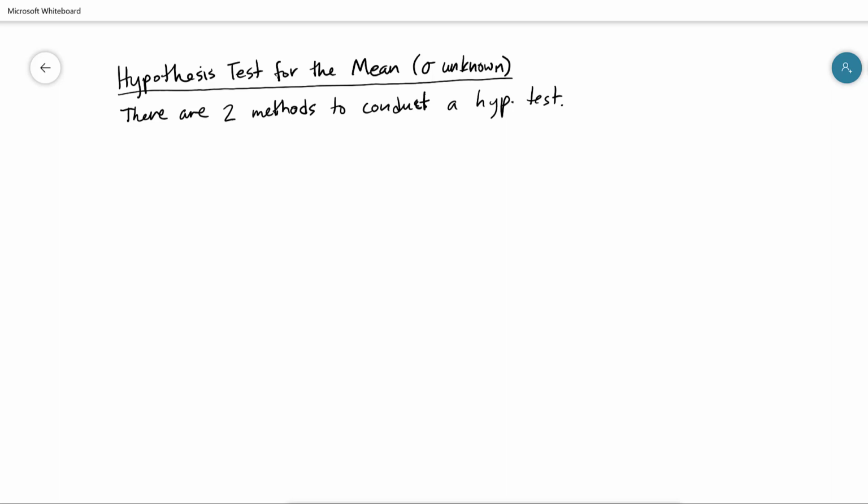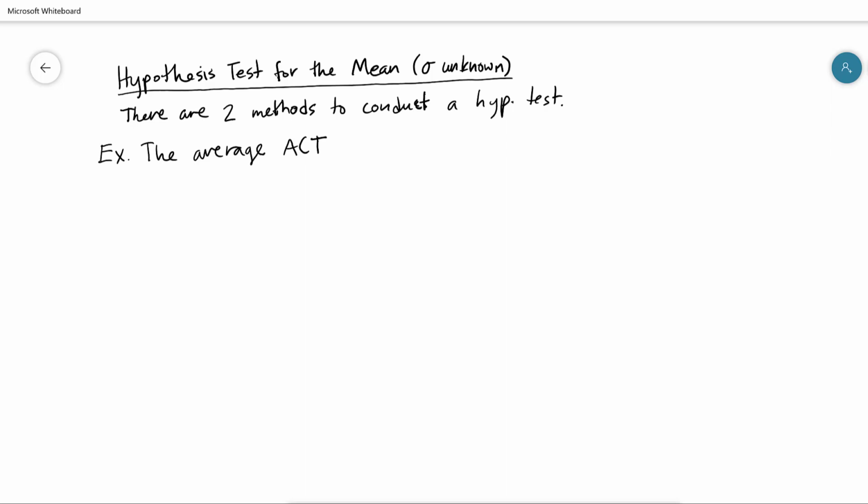Okay, so I'm going to give us a setup, and we're just going to go through this using an example. So here's the example that we're going to look at today. Talking about exam scores. In this case, the ACT, which is like a college entrance type exam.